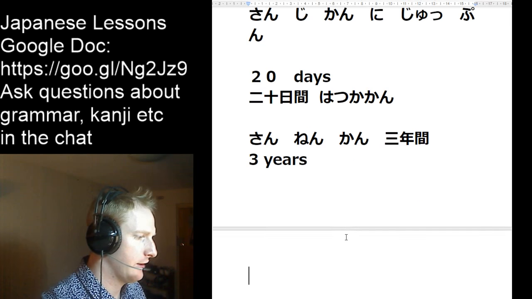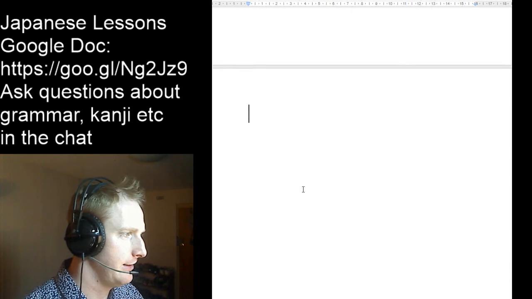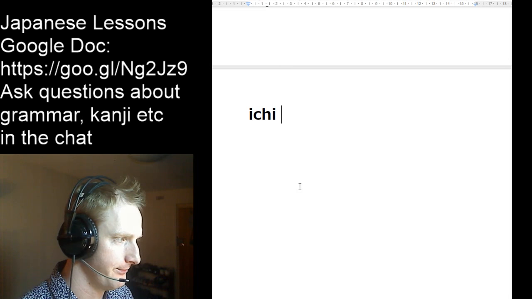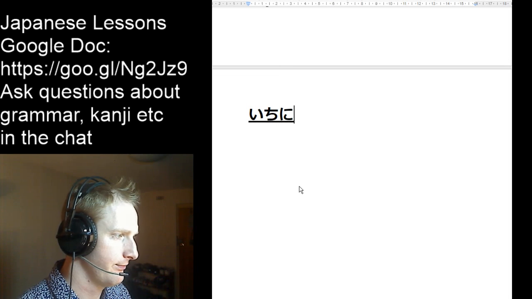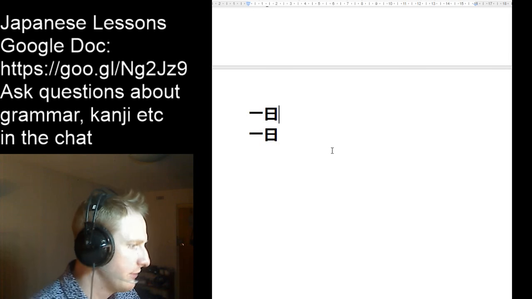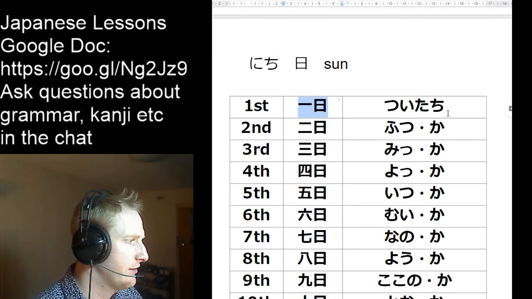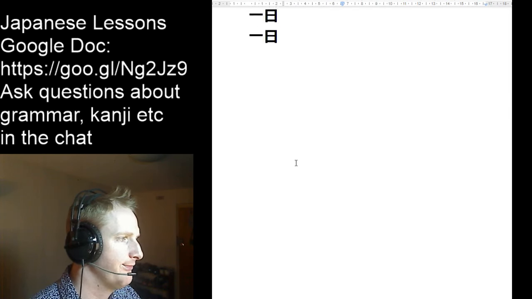Now, one that I often used to kind of trick people is that we can have this guy. So these characters can be read one of two ways. If we go up to our table here, we see the character's here, and it's read as tsuitachi.